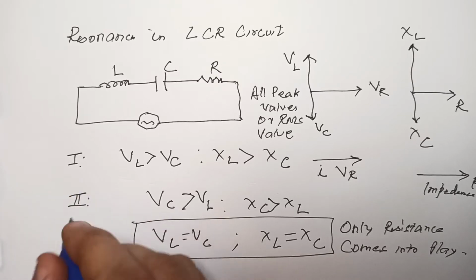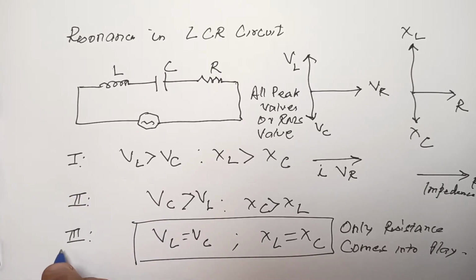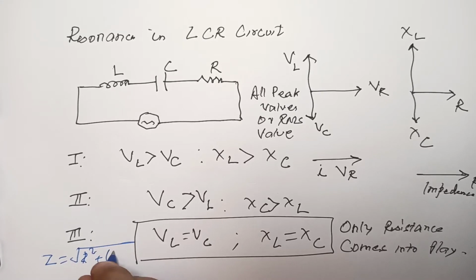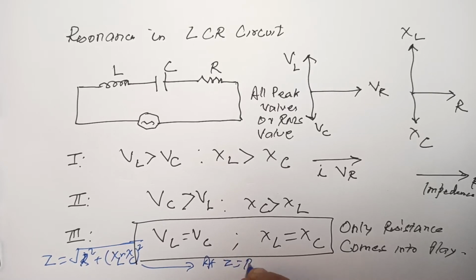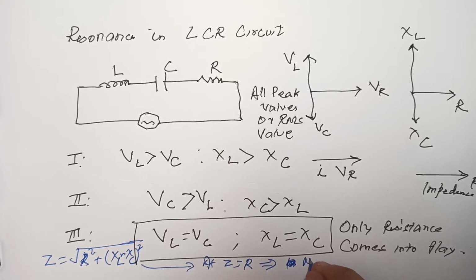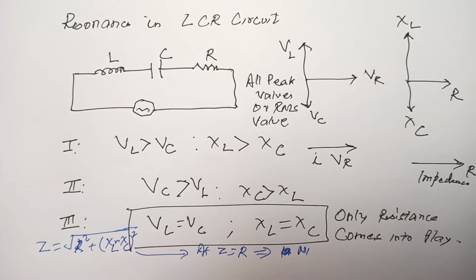Now we have to note down one more thing here, that in this third situation we can write Z is equal to under root R square plus the difference of XL and XC whole square. This is R. Now that means at Z equal to R, it is the minimum value of impedance.